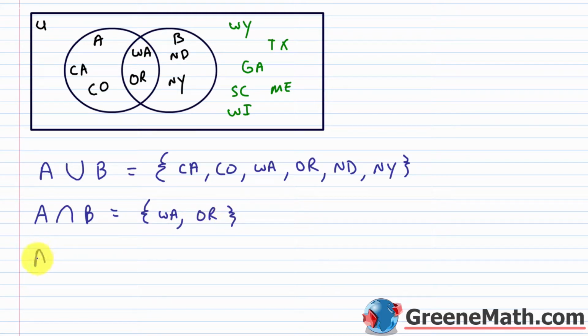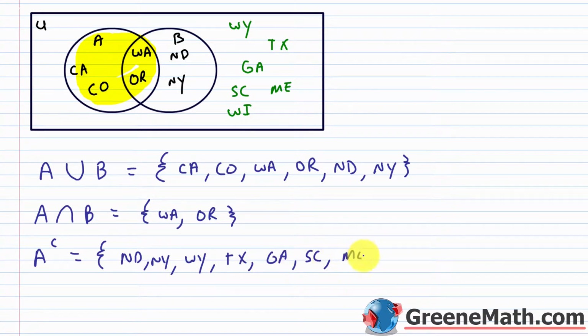If I asked you for A complement, again, I could highlight this right here. And I could say that A complement contained North Dakota, New York, Wyoming, Texas, Georgia, South Carolina, Maine, and Wisconsin.